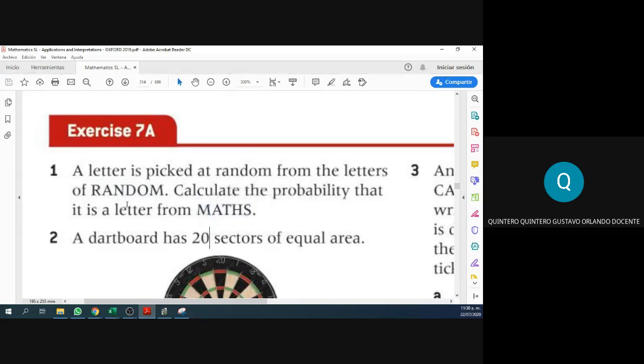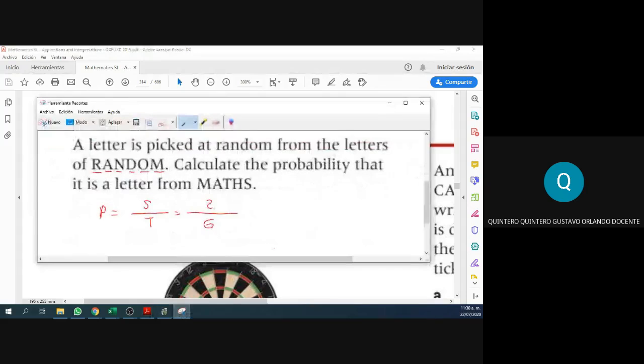So at the end of the day, we had 2 successes. So our probability is 2 over 6. Again, as always, we can simplify this. This is 1 over 3. Or we can put it in a decimal, rounded to 0.333. I don't know how many decimals you want.